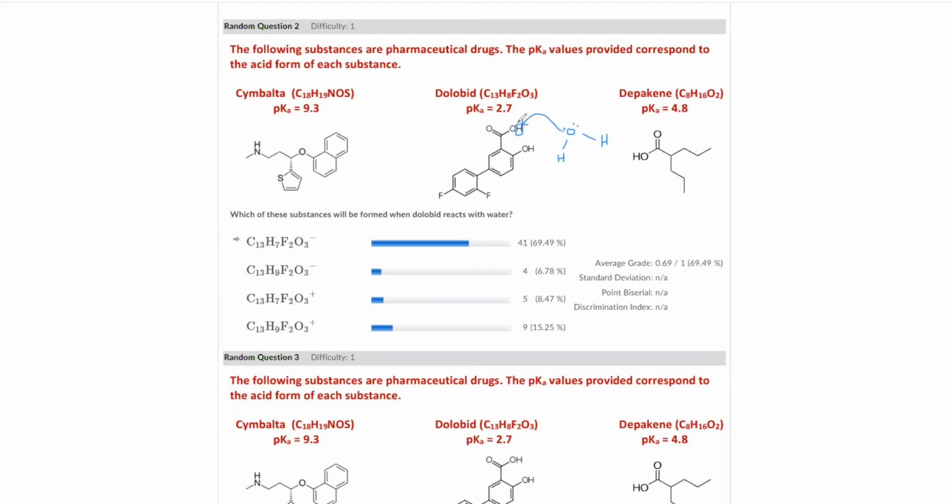I'm just going to break this OH bond. As a result, let's say this is R, the rest of the molecule. We have R, and from the carboxylic acid group, we are left with two oxygens, and one of them will have a negative charge. So it's going to be this molecule over here.